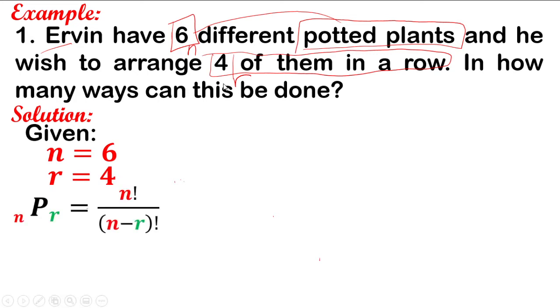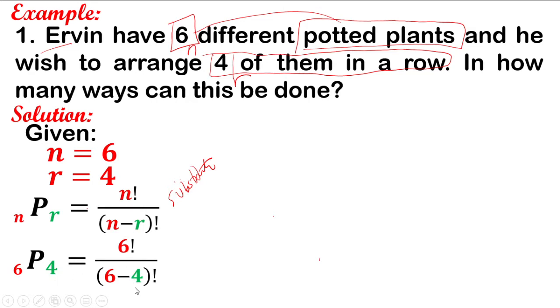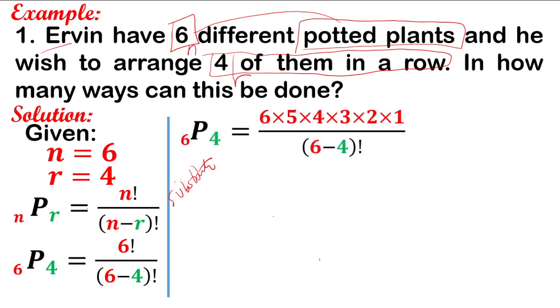Now, we have the formula. The permutation of n things taken r at a time is equal to n factorial over n minus r quantity factorial. When you get here, substitute. n will become 6, r will become 4. So, we will now have the permutation of 6 potted plants taken 4 at a time is equal to 6 factorial over 6 minus 4 quantity factorial. 6 factorial means 6 times 5 times 4 times 3 times 2 times 1.